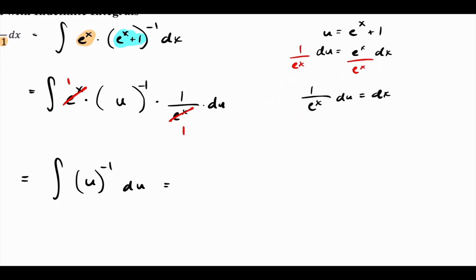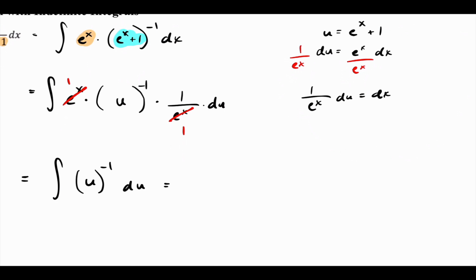A little bit of a trick question. We've seen this before. How do I usually find the antiderivative? Add a power, divide by the power, right?